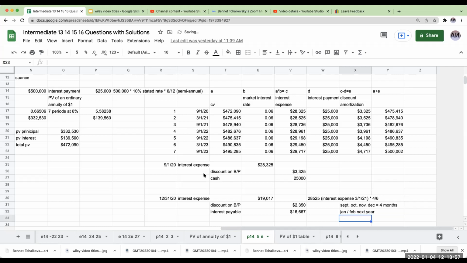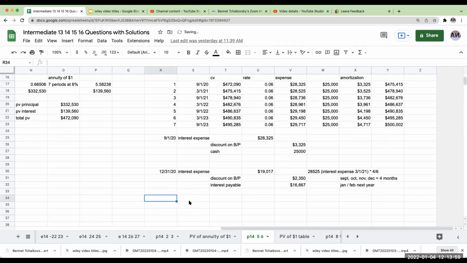Okay, so what I would do here is that you can do one of two things. You could go to 3/1/21, and obviously I'm missing out the entries here. On 3/1/21, I can debit interest payable, and I debit interest expense. I'm going to credit my discount on bonds payable.